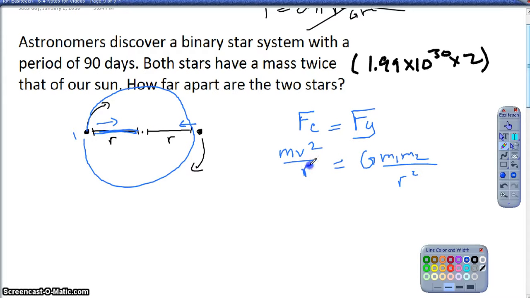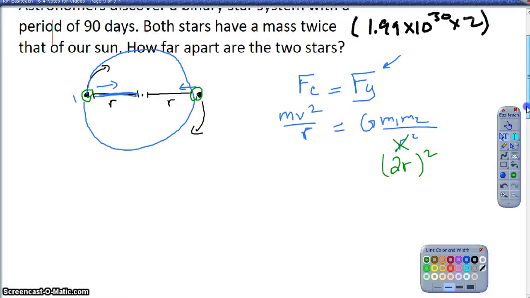So this is truly just r. However, when I talk about the force of gravity, it's not the distance from the center of the circle, it's the separation between the two. So this r is not just a single r, it's actually 2r. So I'd have to take 2r squared because it's the entire distance between these two suns. And that's where the biggest difference comes into play.